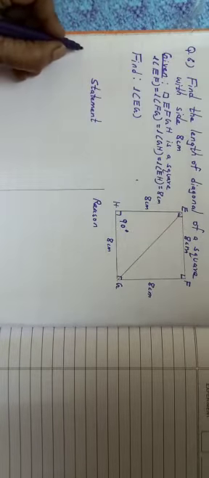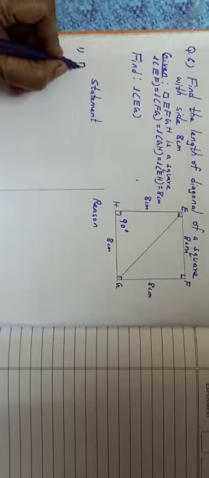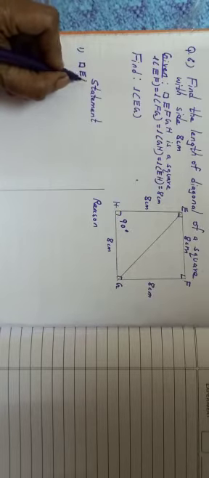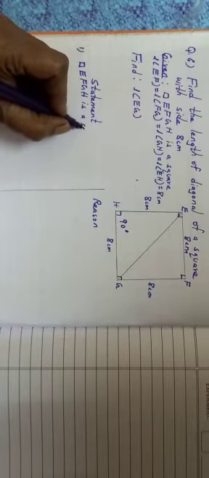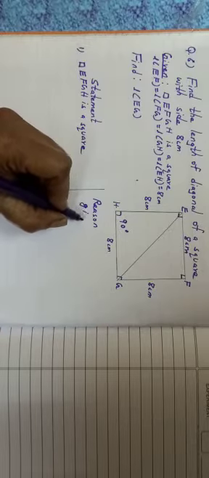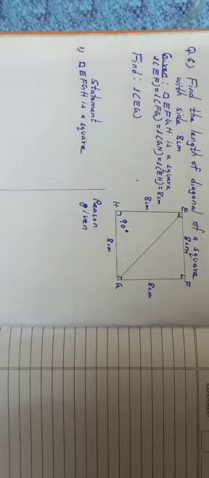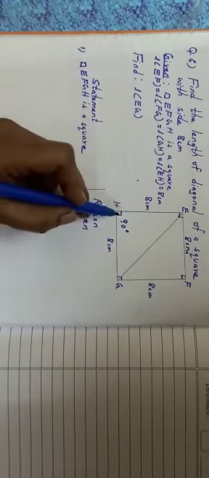So in the first step, what will we write here? Quadrilateral EFGH is a square. How have we got this? It is given. Now if this is given, then what can we do? Here, all the angles of a square are right angles.